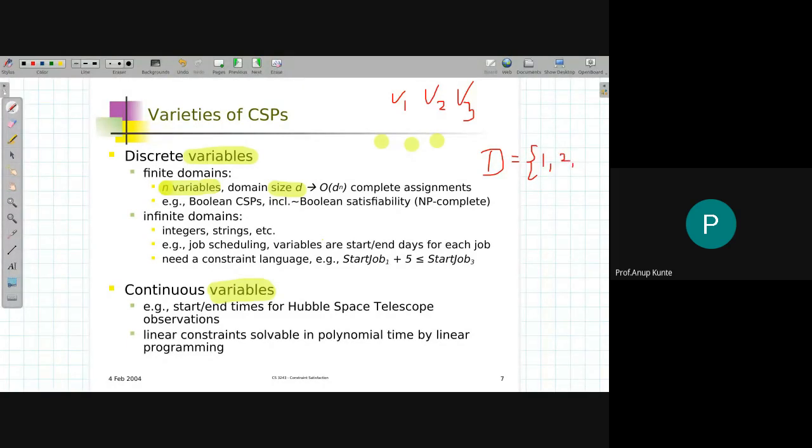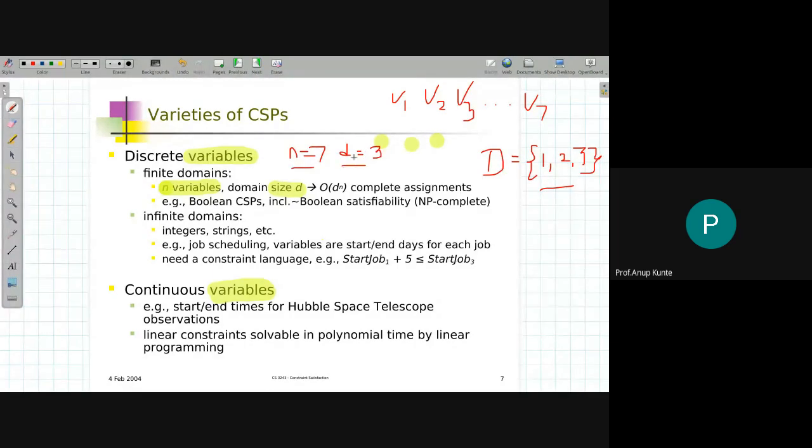Let's take the same example, the graph coloring one. Here how many variables did I have? 7 variables were there, and there were 3 colors. Instead of writing color names, I'm coding them with numbers just for the sake of understanding. So n is 7, and the domain has 3 values for each variable.